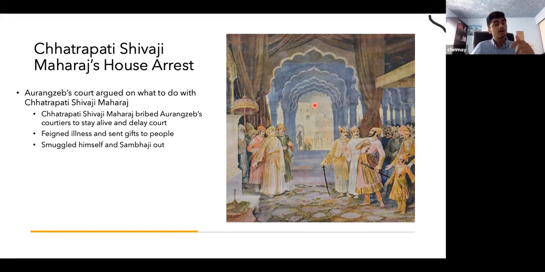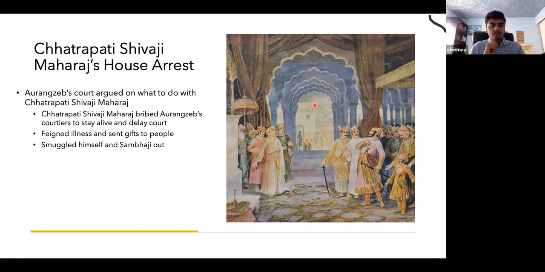So these courtiers would argue why Shivaji should not be killed, and this argument would keep on going. Whenever the argument started turning in favor of killing Shivaji, Shivaji would start bribing certain courtiers, and these courtiers would start arguing with intensity that we shouldn't kill Shivaji. So using this tactic, Shivaji extended his life for a long, long time, because Aurangzeb could not just kill Shivaji due to the personality that Shivaji was.